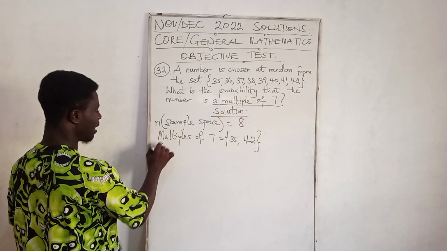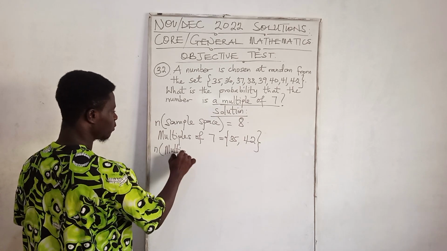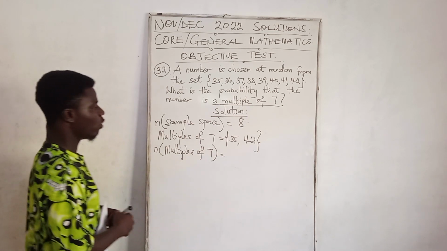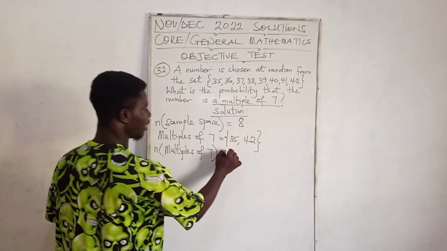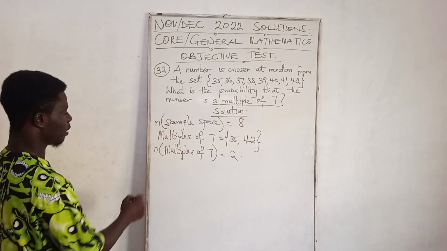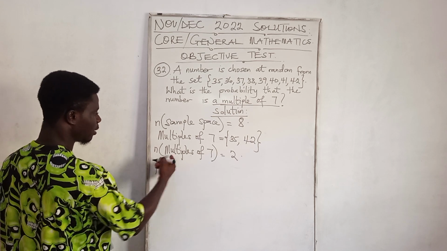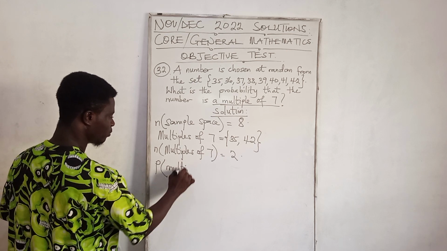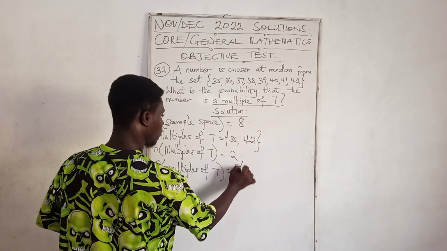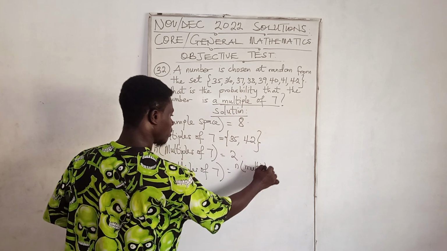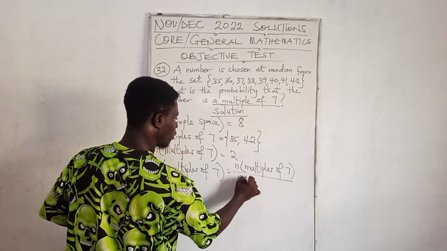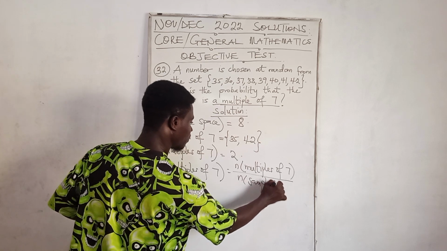So now let's see. N of multiples of 7. We have to check the number of elements inside these multiples of 7. Then there you go, we have 2 elements. So now, how do we find the probability? The probability of the multiples of 7 must be equal to the number of multiples of 7 divided by the number of sample space.